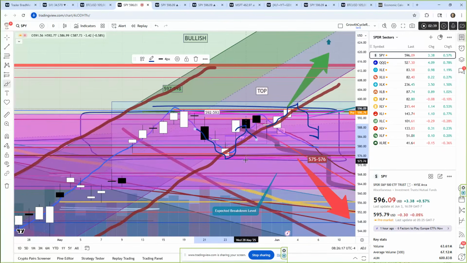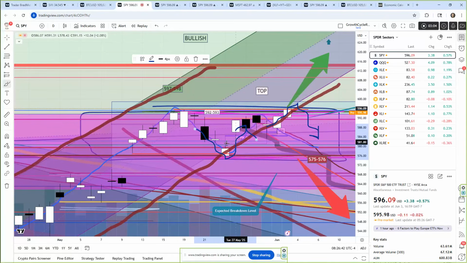So if we get rejection here, then we're going to look at this 575, 576 area as a potential target to the downside. If we do not get rejection over the next day or two or three, because it can take some time to roll over, then we're looking at a move back up here to this 614, 615, 616 area.